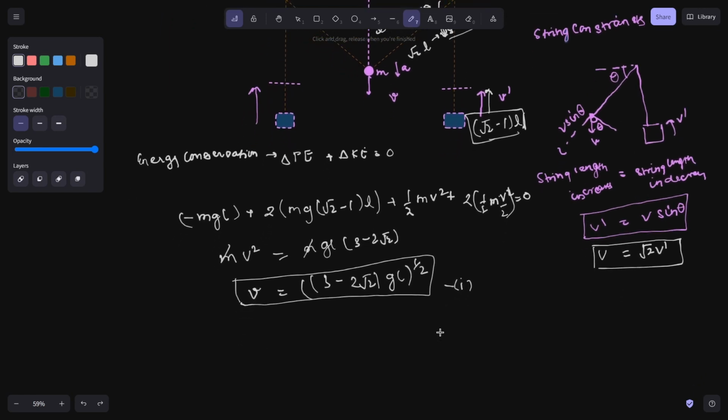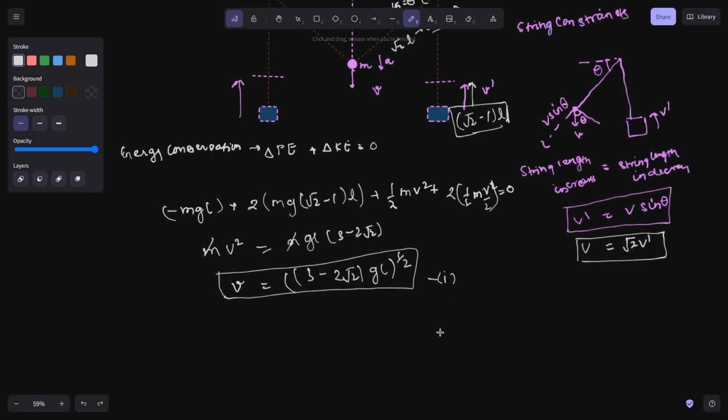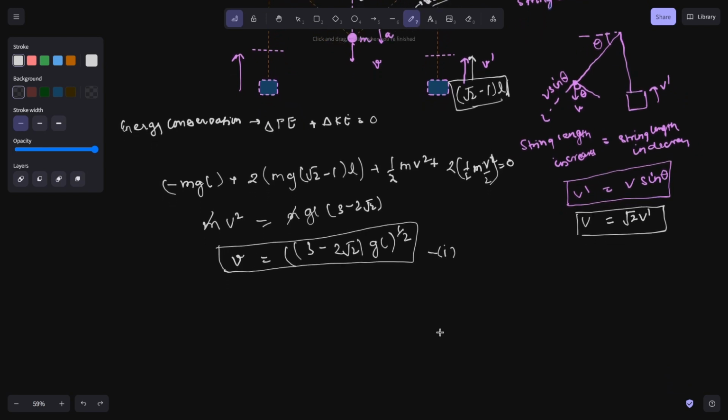Now after this we know that it will have some acceleration. So, making a free body diagram for the central bob and the mass m.